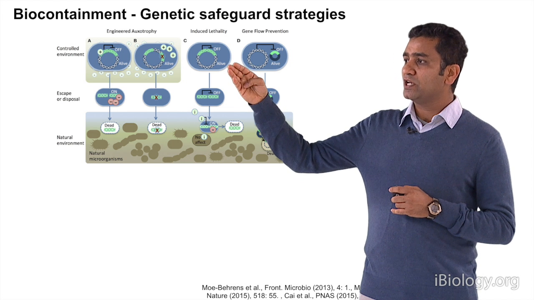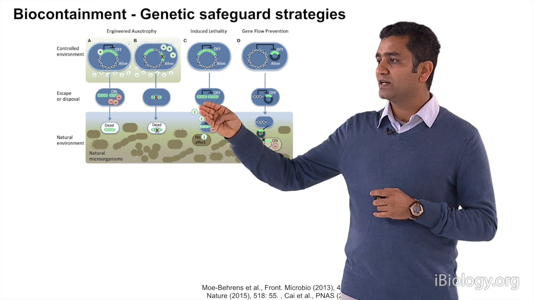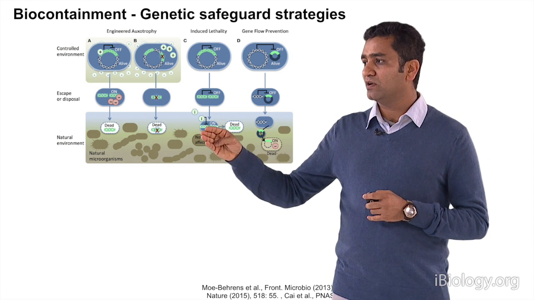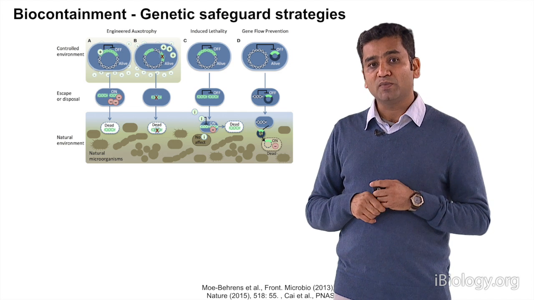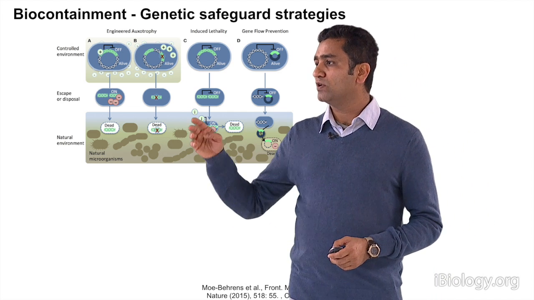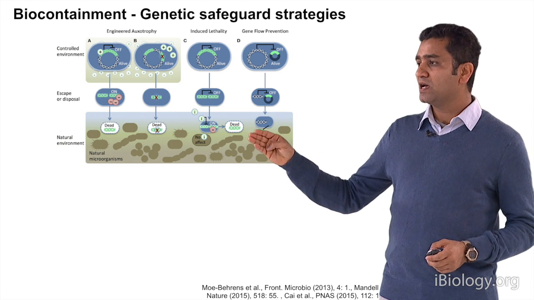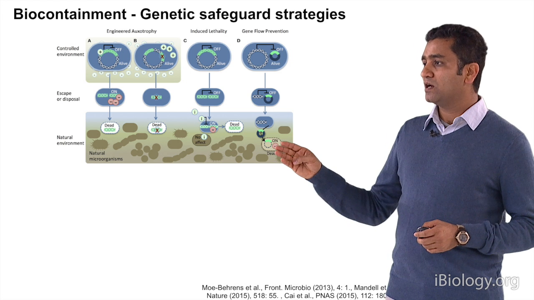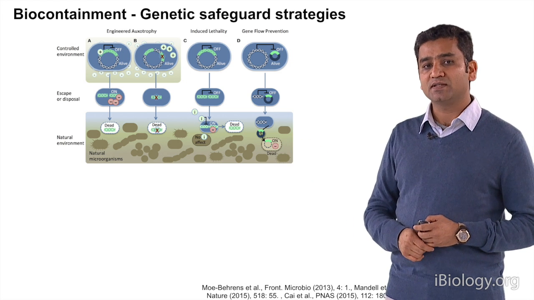The third one is induced lethality, where when a cell is released into the environment in the presence of an inducer, you have a toxic gene expression and cell survival is compromised. And finally, gene flow prevention: when a particular plasmid is transferred into a different organism, the toxicity of that gene expression will kill the cells.